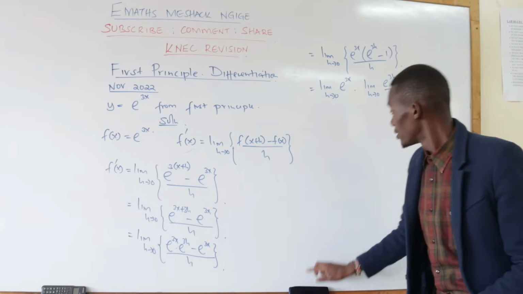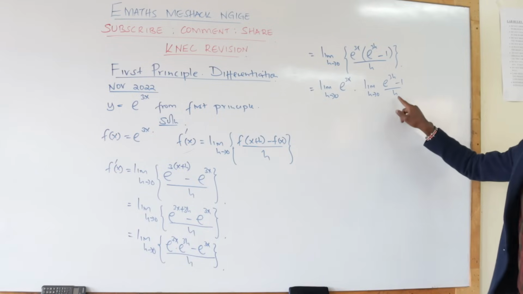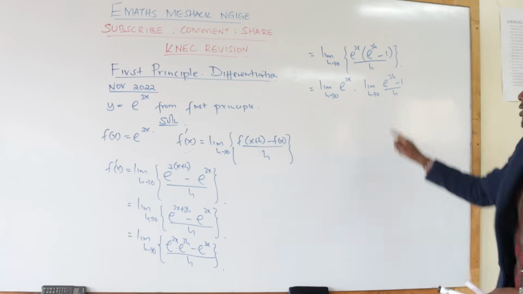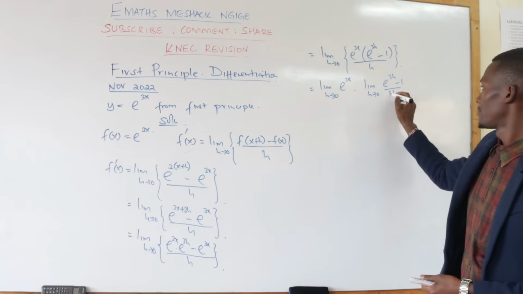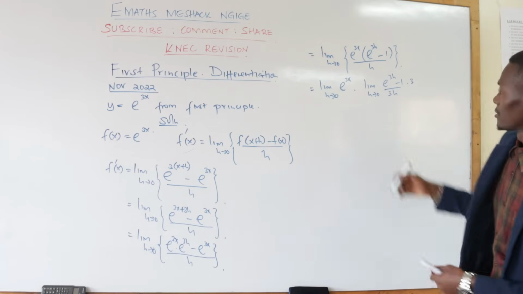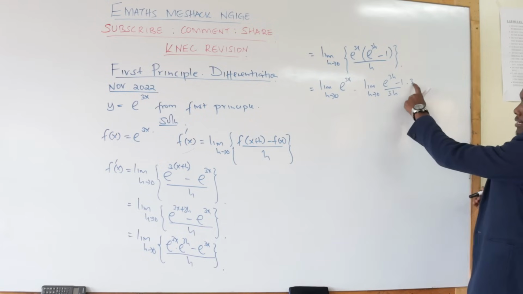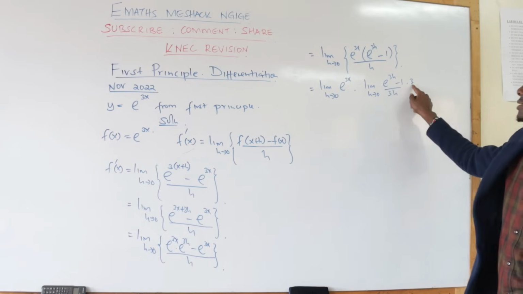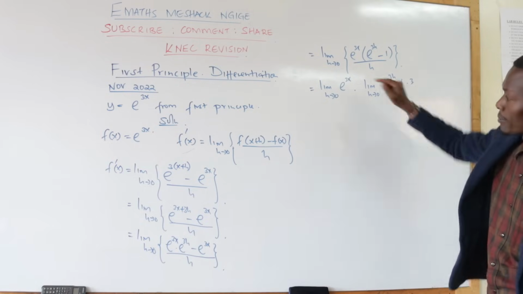So now, what we are supposed to do at this step is simple. We are supposed to make our power the same as the term that we have here. That is simple to do. Just introduce a 3 here and multiply by 3, because if you multiply a 3 and a 3 here, this 3 cancels with that. And since this one is a constant, the constant can be removed outside.